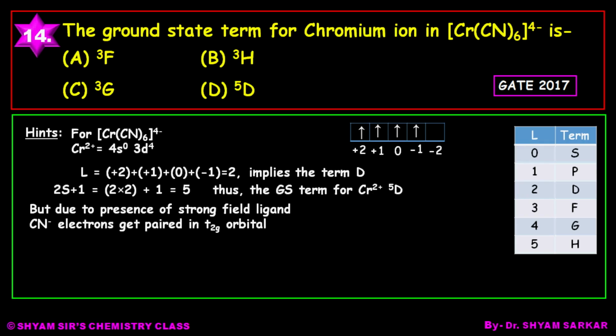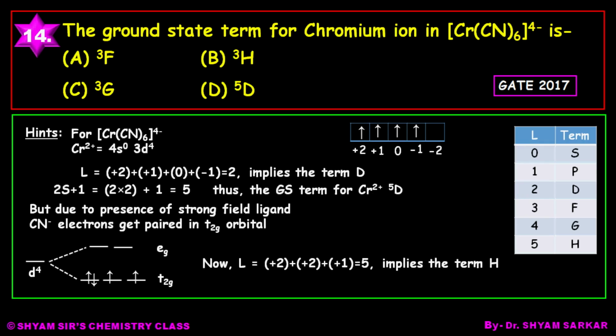If you see the electronic configuration here, in the t2g orbital, one electron is getting paired up. Okay, now this orientation of electrons is getting changed, so L will also change. So now L equal to 5, which implies the term H. Okay, H.